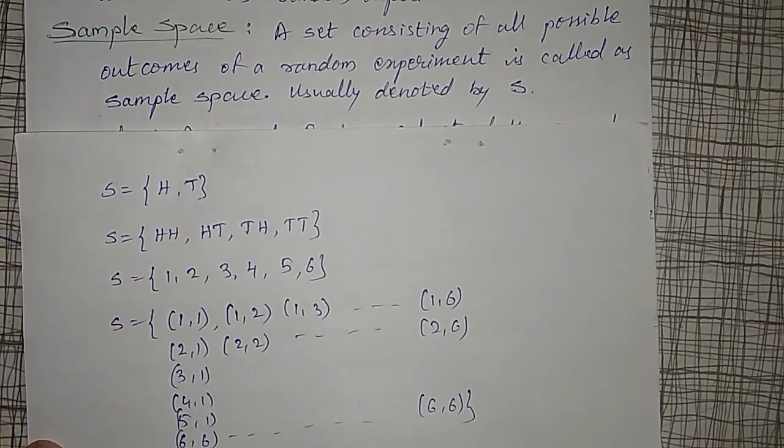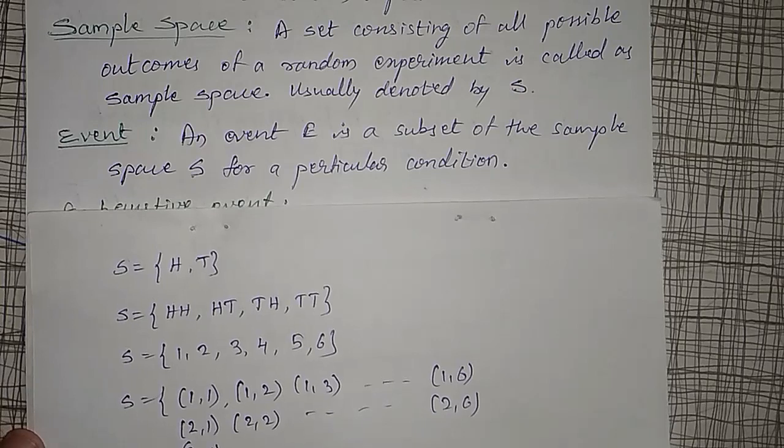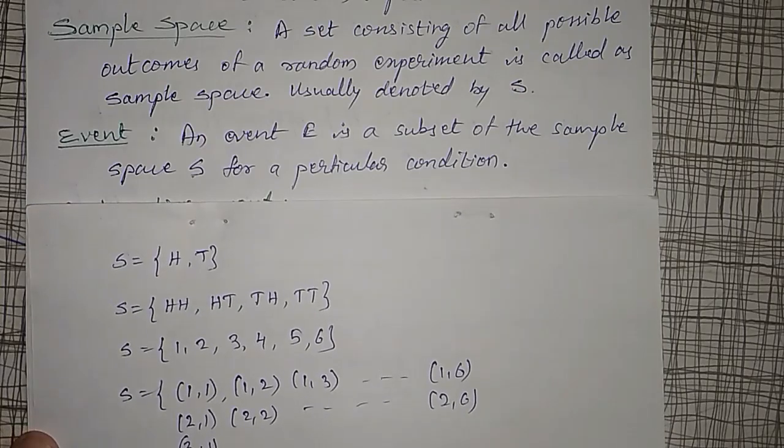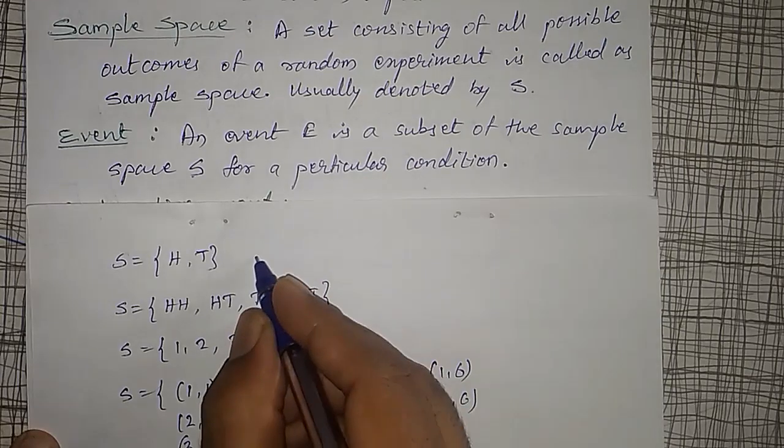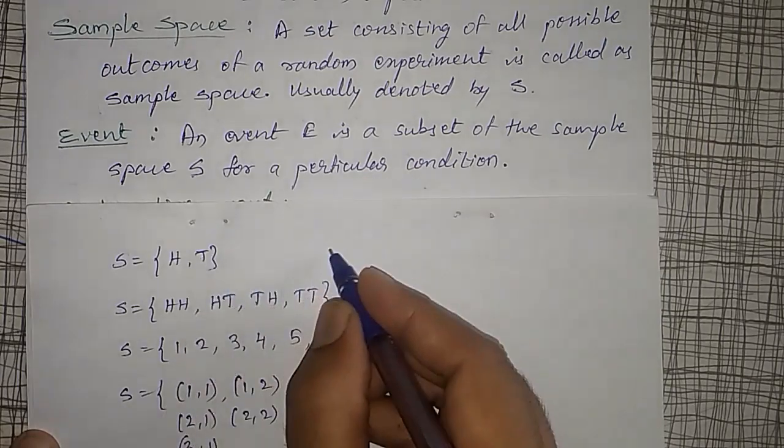After sample space, I would like to define an event. An event is a subset of this sample space for a particular condition. I will define one event on the sample space.